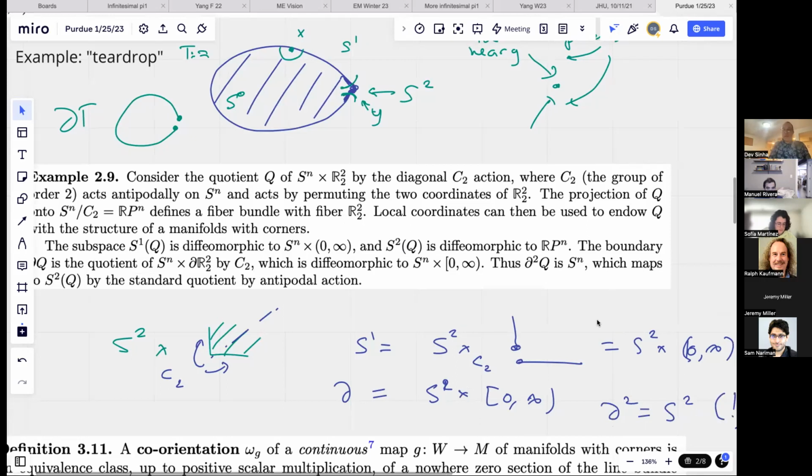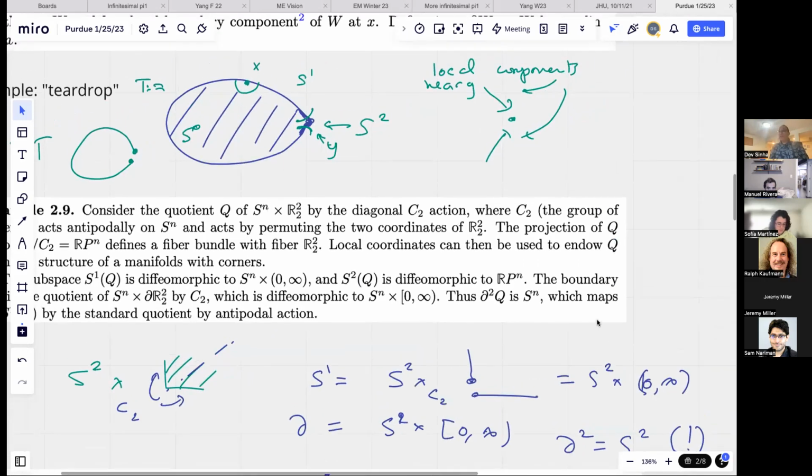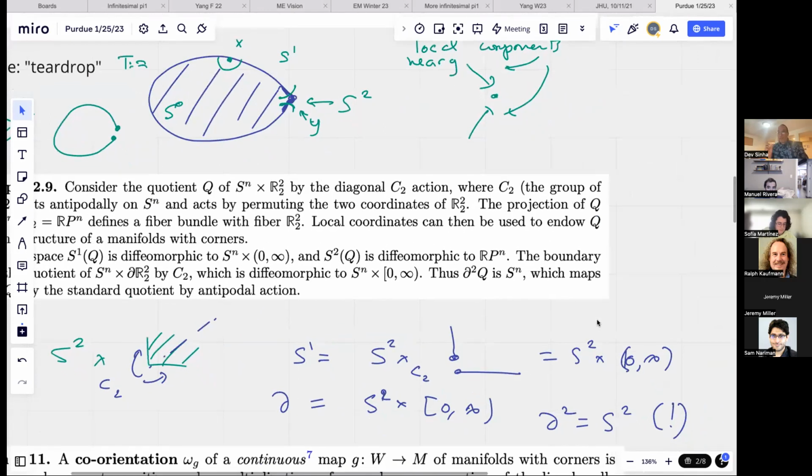So the boundary of a boundary is not empty. We're used to manifolds with boundary where the boundary of the boundary is empty. You might guess, if you think about polytopes, that the boundary of the boundary would always come in pairs which cancel. This is sort of a canceling pair through the antipodal action on S2.